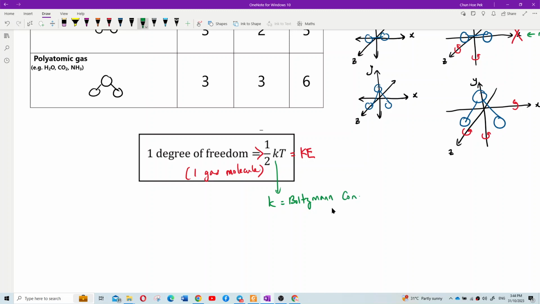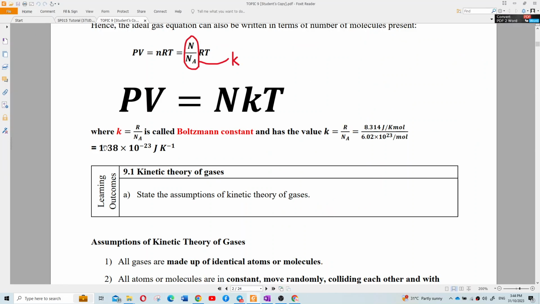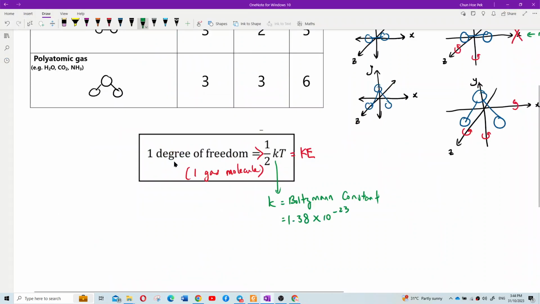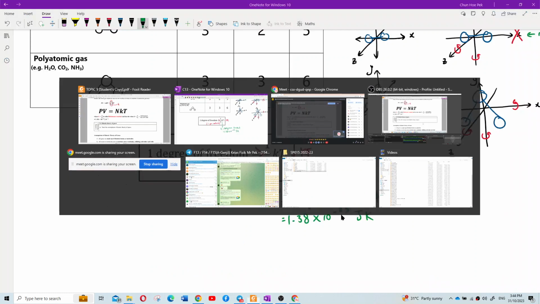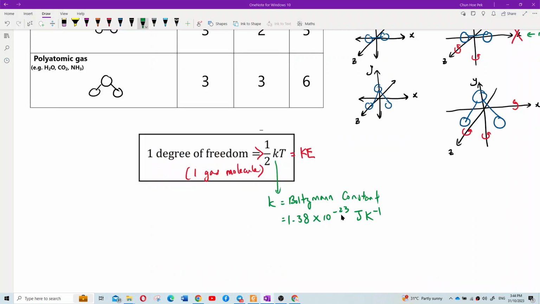They have the same symbol but different meaning. The unit is joule per Kelvin. So k is the Boltzmann constant, and the temperature here must be in Kelvin. So 1 degree of freedom is half kT.